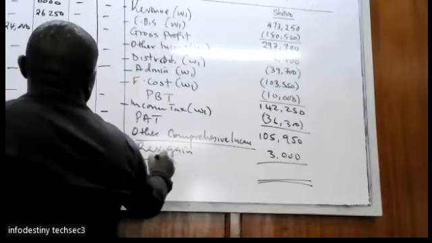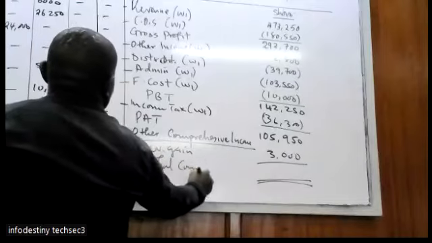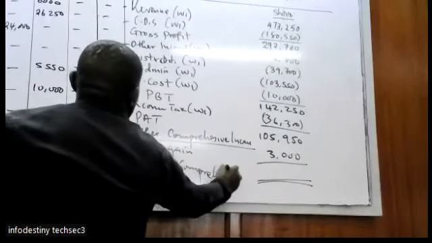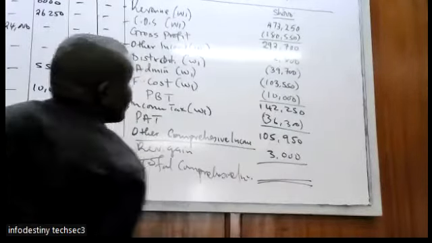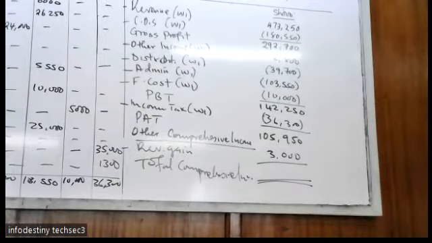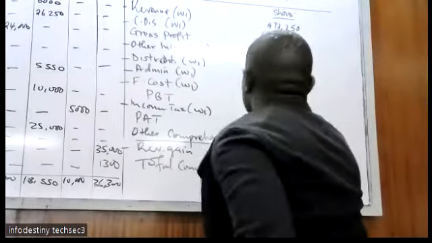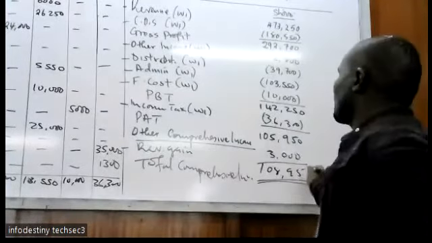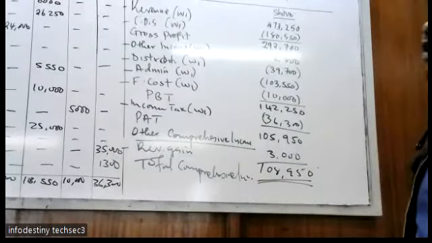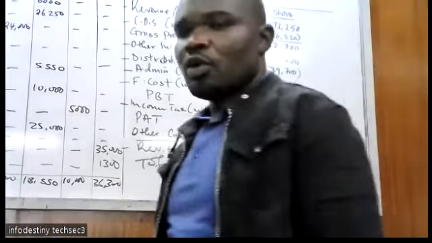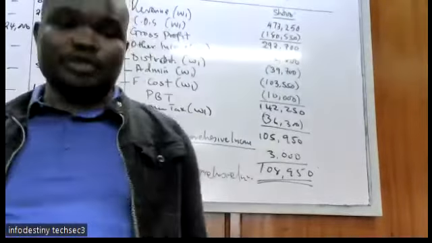So total comprehensive income 108. Eight minutes, we can do statement of changes in equity, the second one.